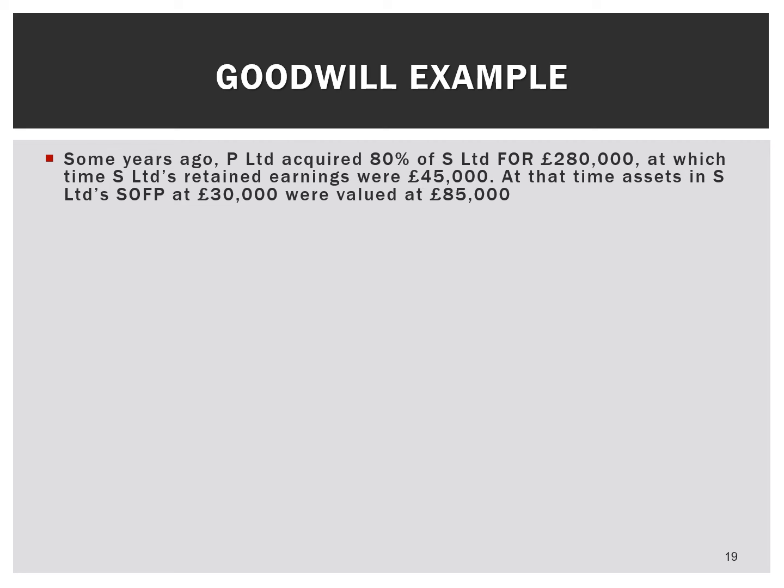And we're also told that at the time the shares were purchased, some of the assets in the subsidiary company's statement that were included in the accounts at a figure of £30,000 were at that date worth £85,000. Now, with all of that information, we can calculate the goodwill.